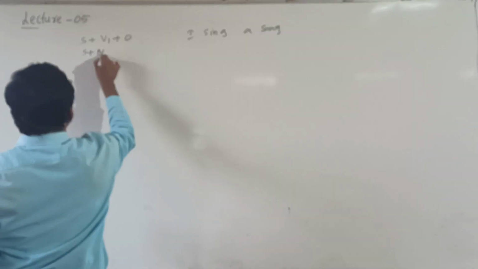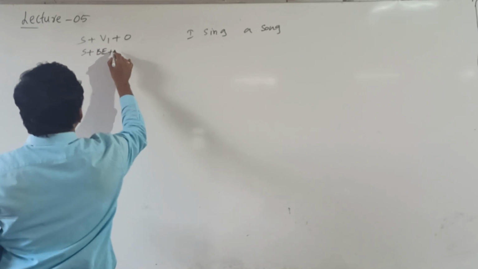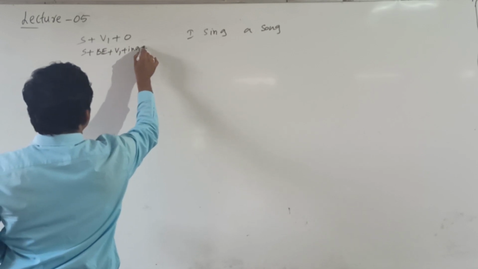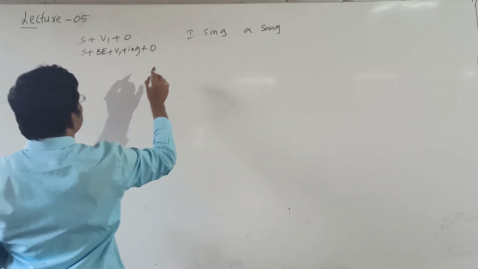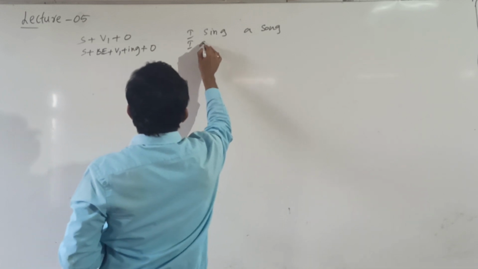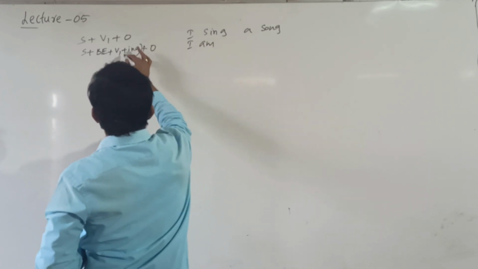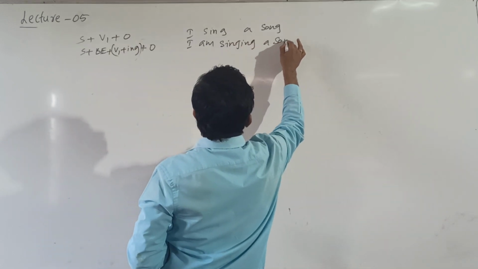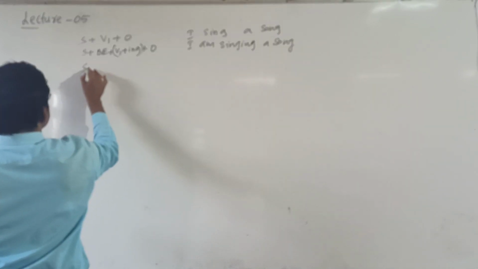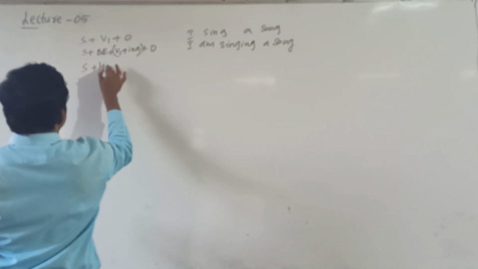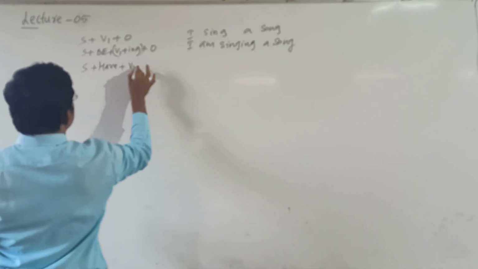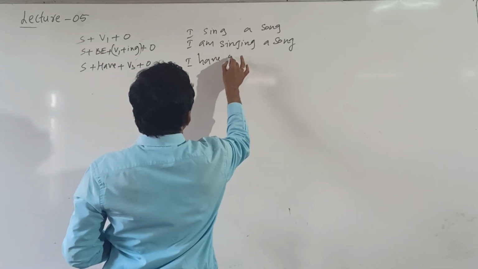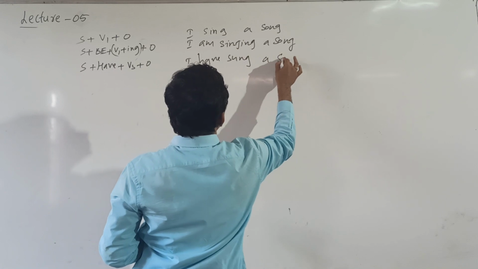S plus B plus V1 plus ing plus object: I am singing a song. S plus have plus V3 plus object: I have sung a song.